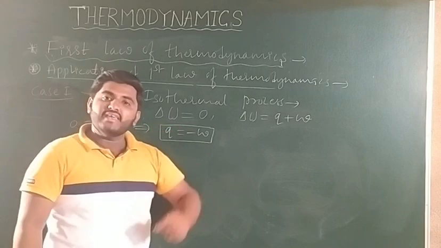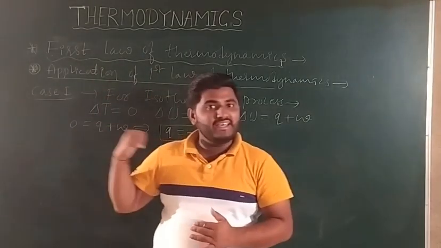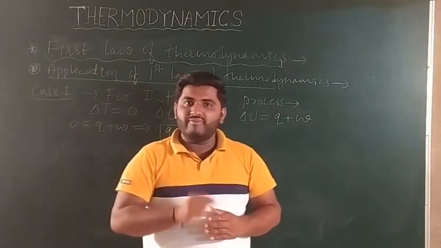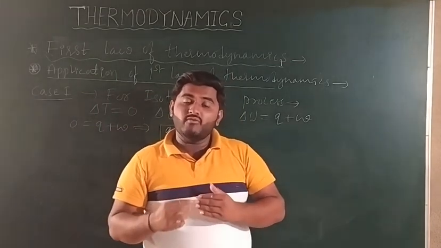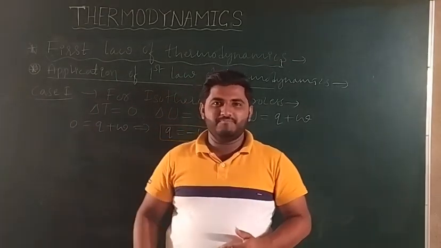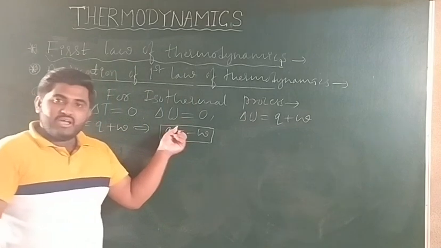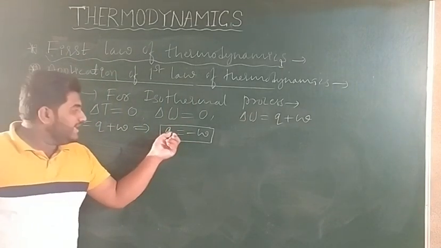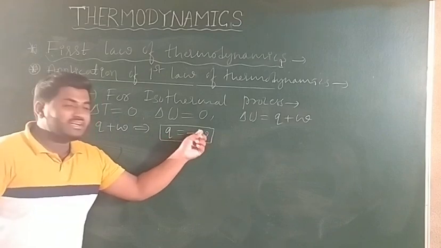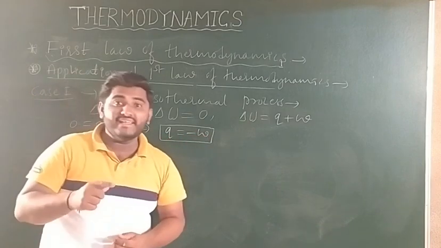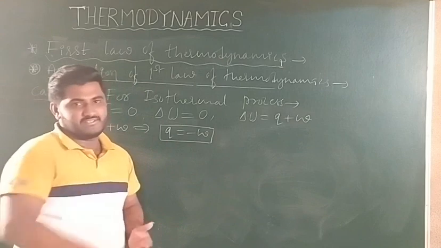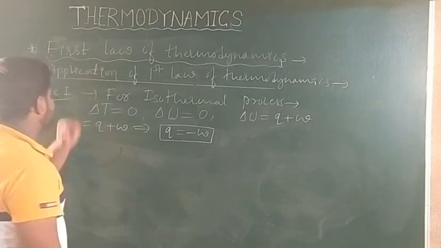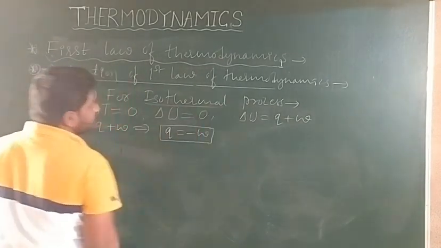We have studied sign convention earlier: whenever W is minus, work is done by the system. So the amount of heat absorbed by the system is equal to work done by the system. Understood? This is case 1 for isothermal process.